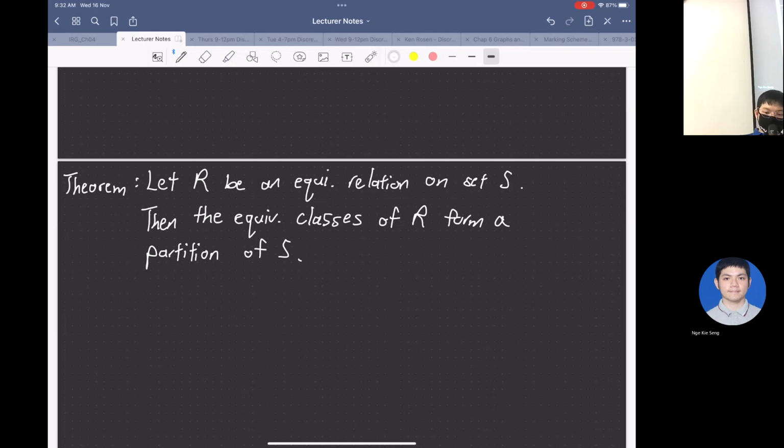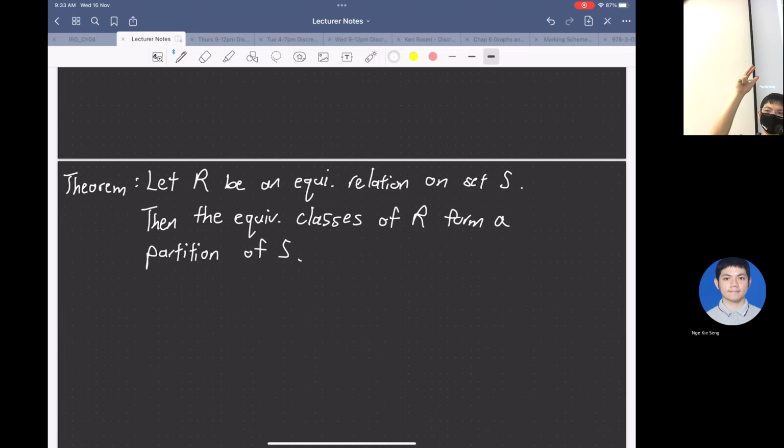So given an equivalence relation, you can form a partition. But conversely, you can ask another question. If I give you a partition, can you get me an equivalence relation? If you're thinking backward, can you? No?